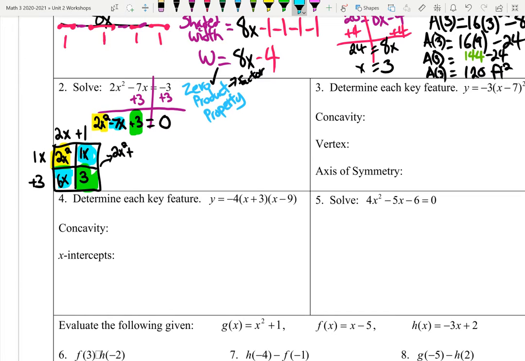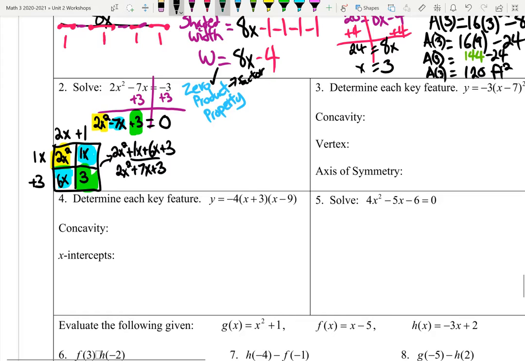One times 1x is 1x. 2x squared plus 1x plus 6x plus 3. When I combine like terms, it becomes 2x squared plus 7x plus 3, which is almost what we want.